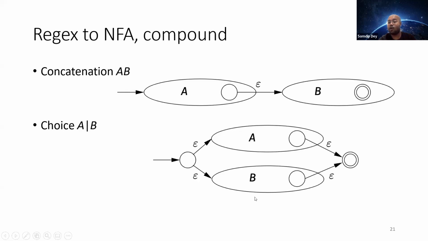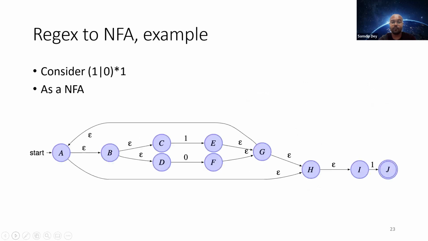Then it accepts A or B, and then it moves to the next state with epsilon. Using this formula for 1 or 0, we have done the same. You start with the epsilon move, and then again an epsilon move to 1 or 0, and then to epsilon again.